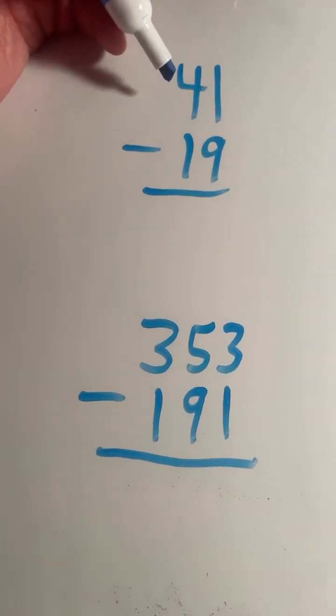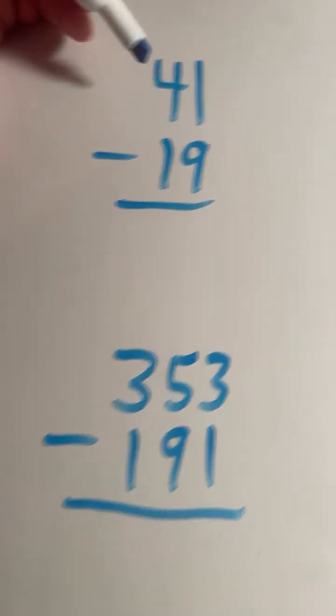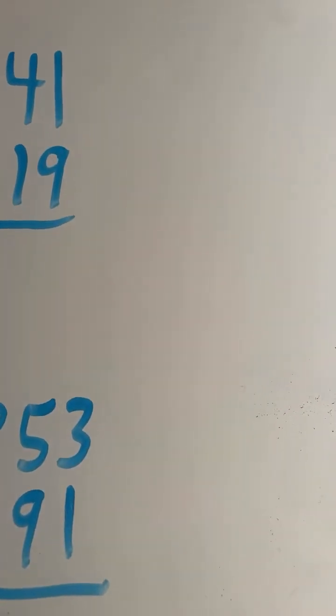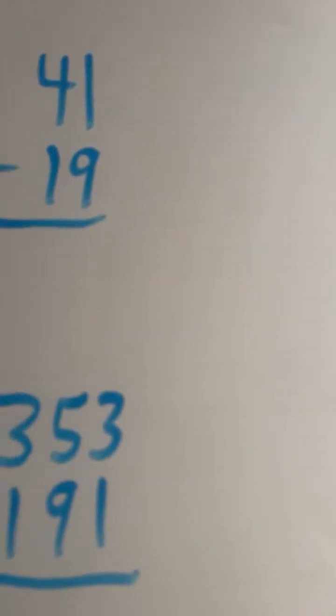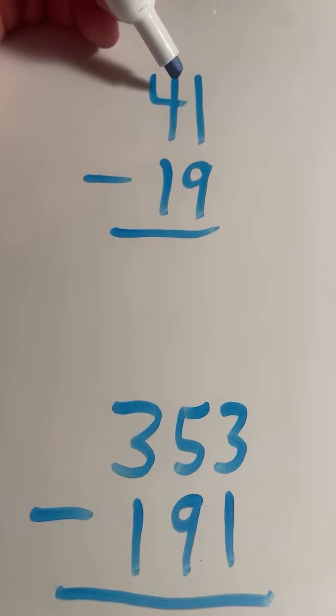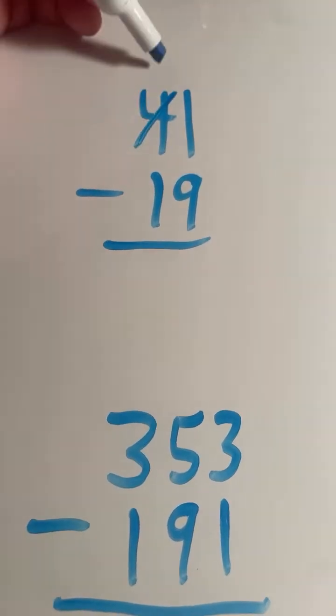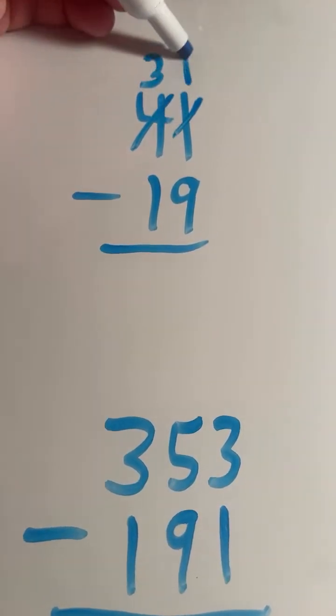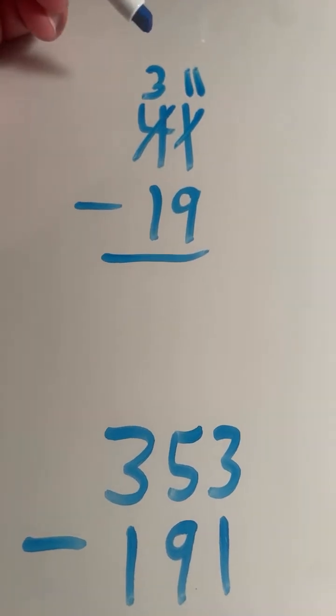Now in the top problem, 41 minus 19, as you can see in the ones place, we do need to regroup because you cannot start out with 1 and take away 9. So we need to take a 10 from the tens place and add it to the ones place. So the 4 becomes a 3, the 1 becomes an 11. Now we're ready to subtract.